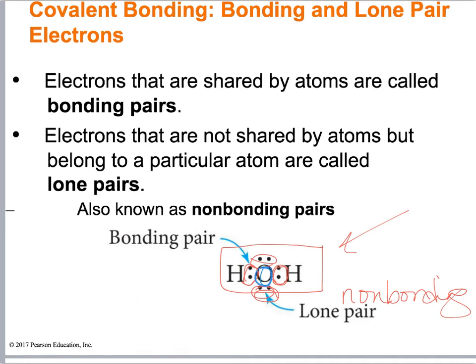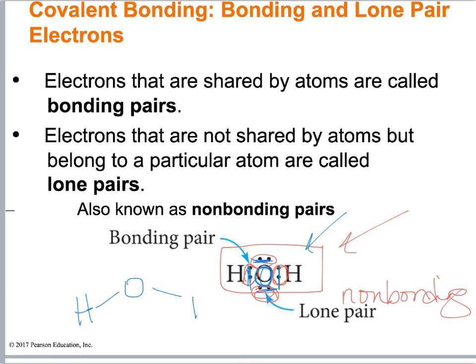So if you're counting for whether or not an atom has an octet in a molecule, you count all of the electrons around it. So it'd be 2, 4, 6, 8. Also, real quick before I forget, it's perfectly fine to draw the Lewis structure of water like that, but it's also perfectly acceptable to represent a bonding pair of electrons as a single line.